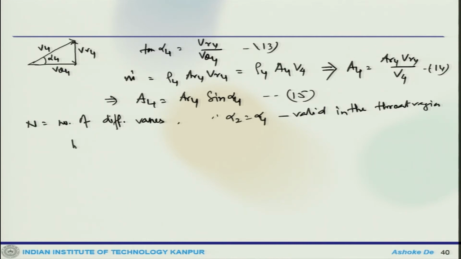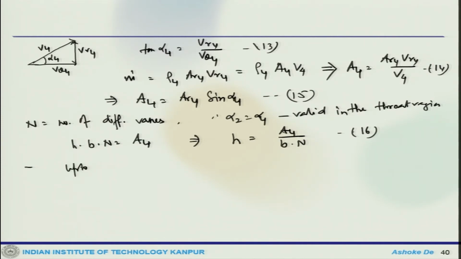So, I can write H B n is A4, from where I will get H equals A4 by B n. So, from here you can see the throat area is calculated. Okay. Now, also one can note here the length of the diffuser passage also depends on the maximum possible diverging angle and the required pressure rise.